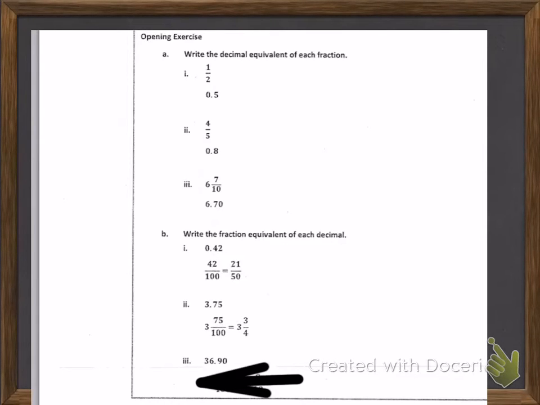And 36.90, the answer will be 36 and 90 over 100, and when you simplify it, 36 9/10. Again, if you need a review on how to make fractions into a decimal, set an appointment with your teacher, and we will review that with you.